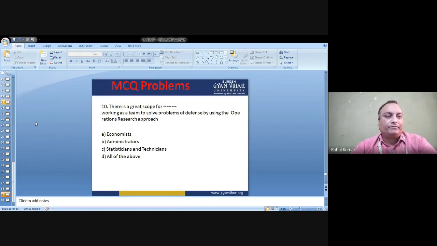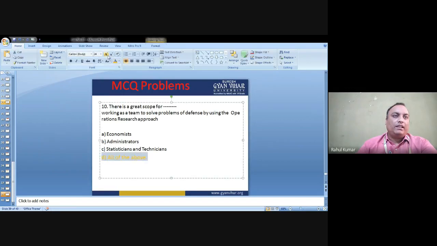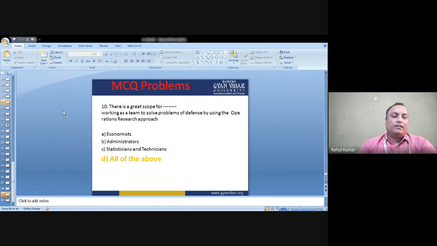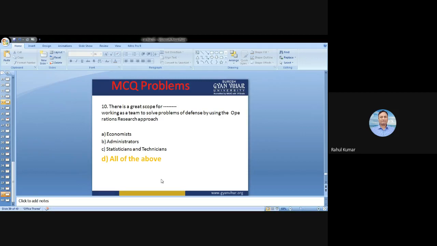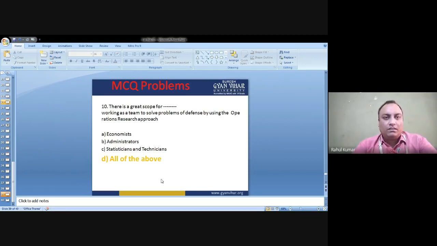The options are economists, administrators, statisticians, and technicians. All of the above is the correct answer for this question, right? It means all these persons use operations research techniques.